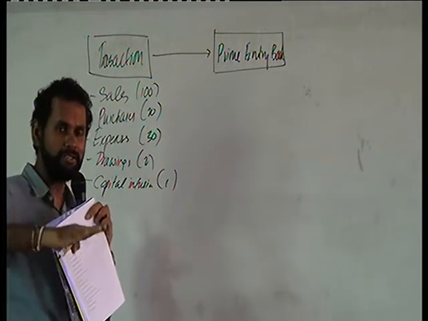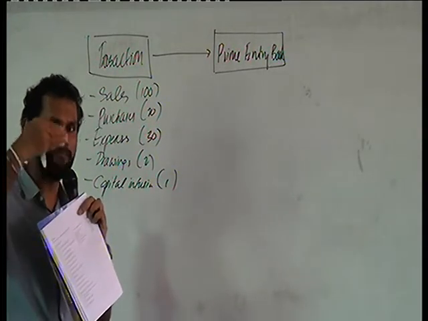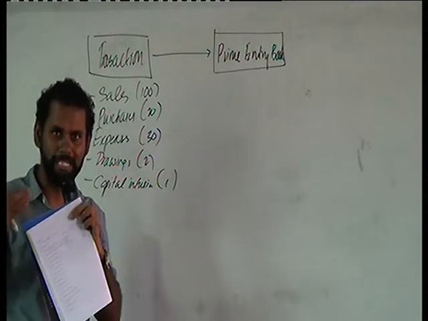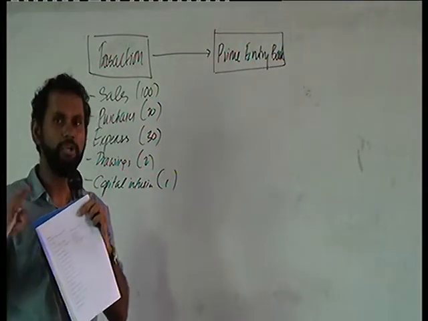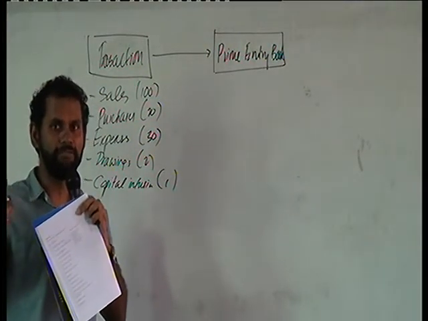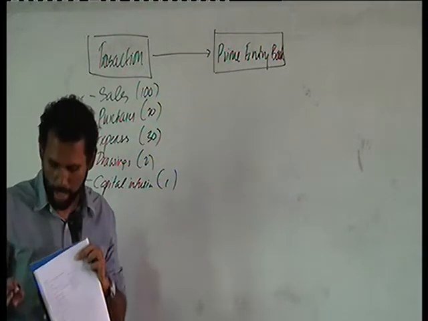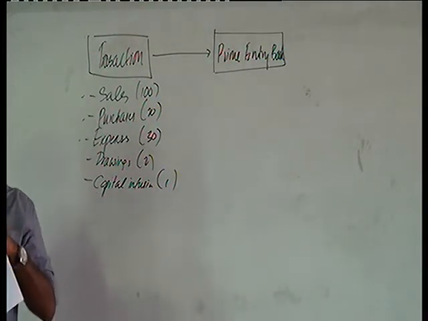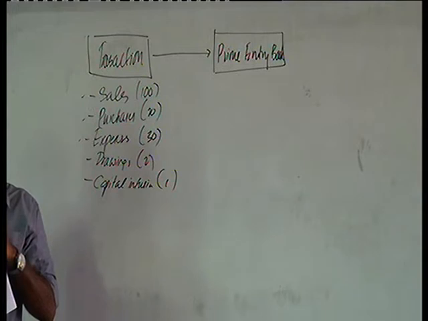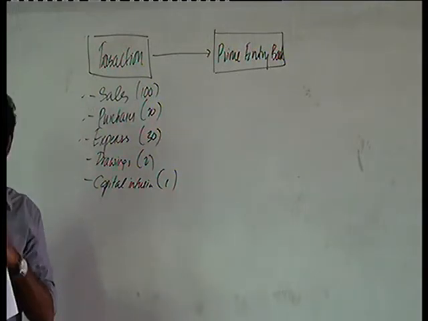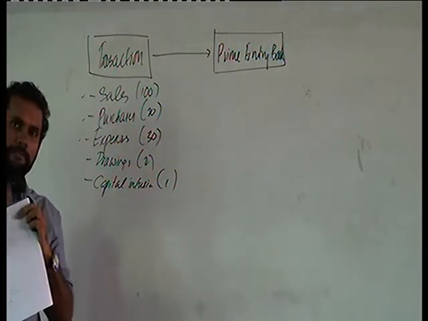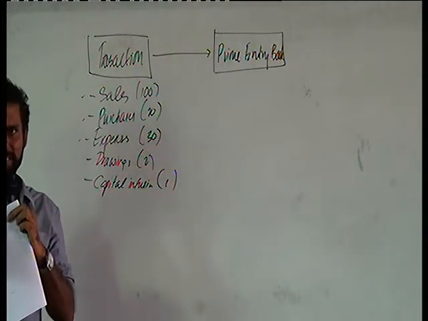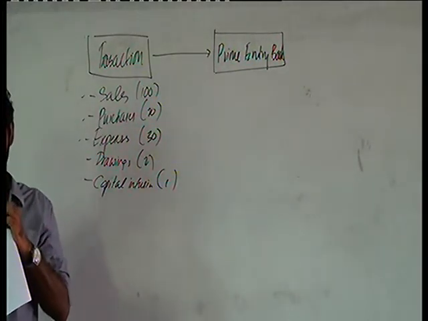Likewise, the transaction types and the transaction values will depend on the day-to-day operation. It's not that all the days will have all types of transactions. The number of transactions also will not be consistent across the board. That also will be different, depending on how the operations are happening that day.